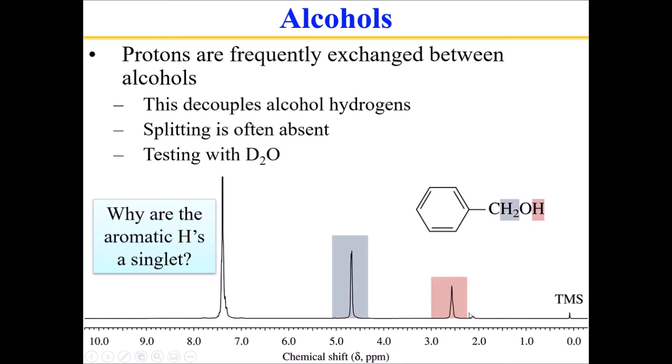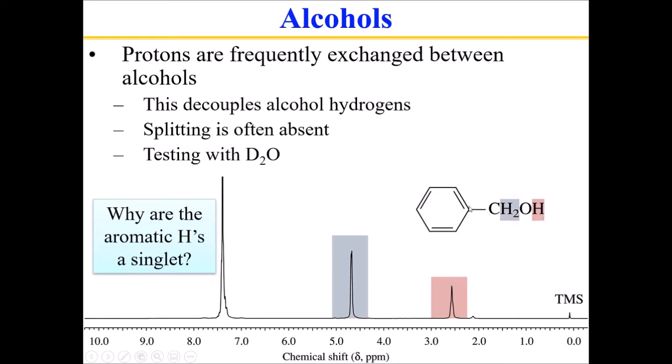I said the term always, so clearly there's going to be some exceptions, but we'll avoid those. So in the context of this course, using the examples that I will choose for you, alcohols will always show up as singlets, and they will not cause splitting of the hydrogens on the carbon that the oxygen is connected to. So those hydrogens that are 3 bonds away will also not get split because of the alcohol.